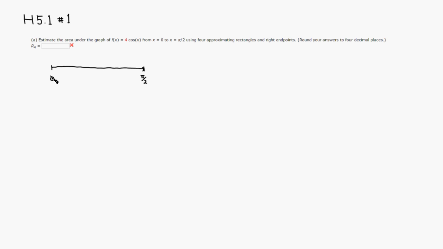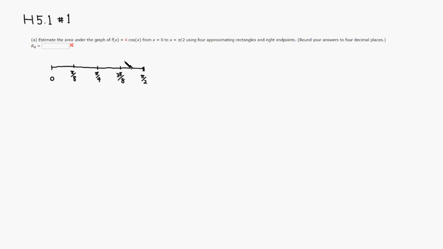So we split that into 4 equal sub-intervals. This is going to be pi over 4, that's going to be pi over 8, and this is going to be 3 pi over 8 or something like that.